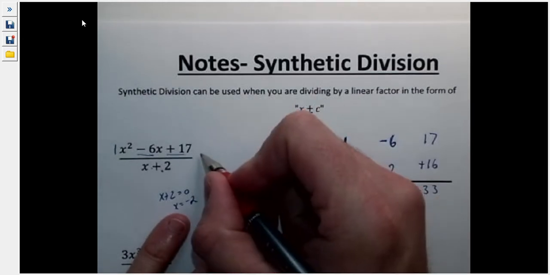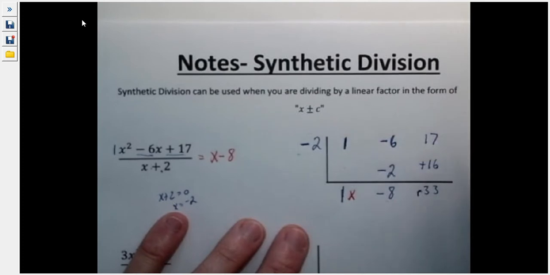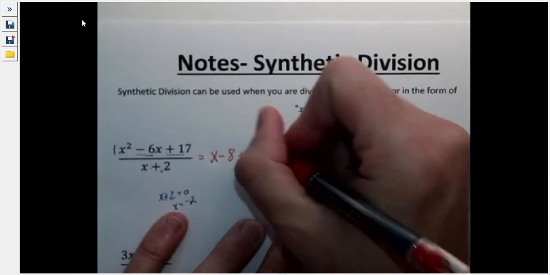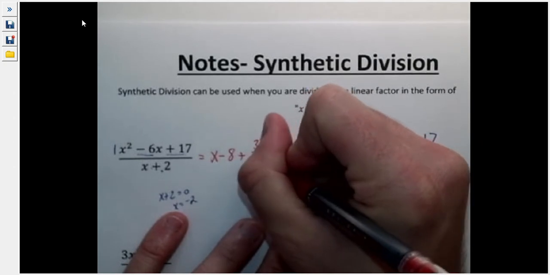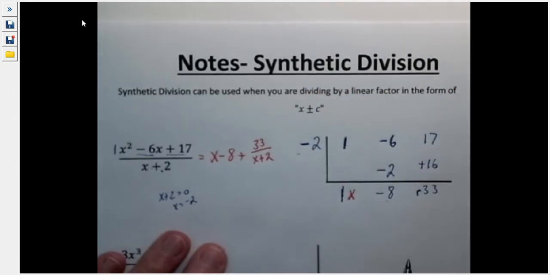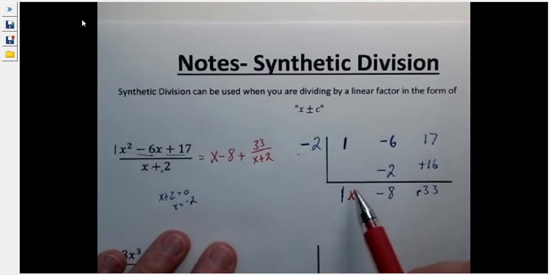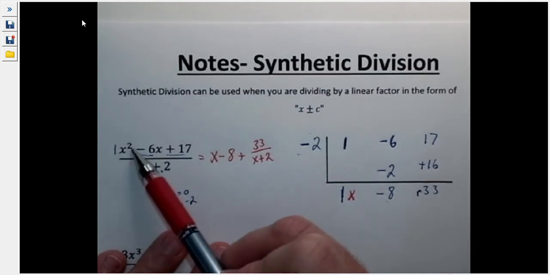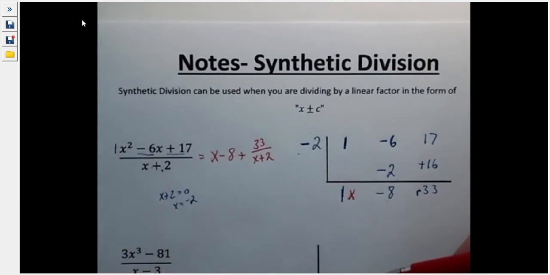So our final answer is going to be x minus 8 plus my remainder of 33 over x plus 2. Now, if this started as x cubed, my first term would be x squared, and the next term would be x, and it would go down in power. Basically you subtract 1 from the power and go down as you go along.